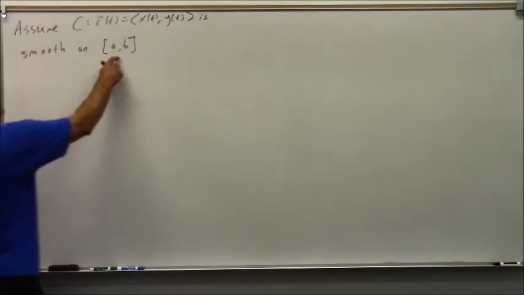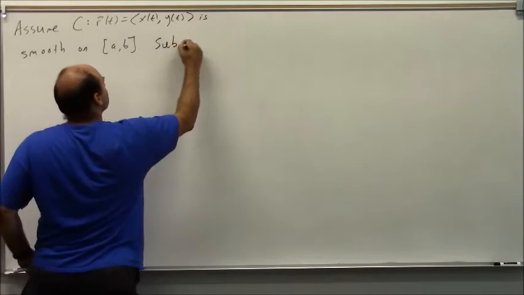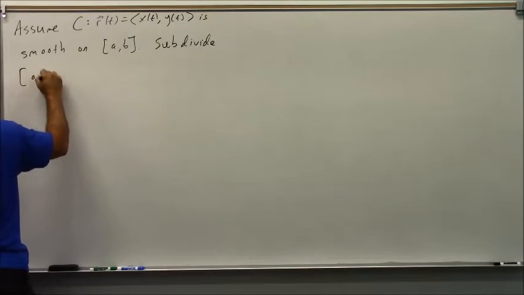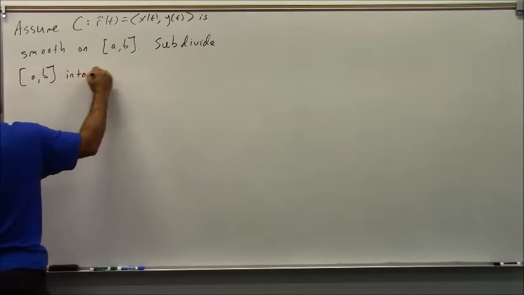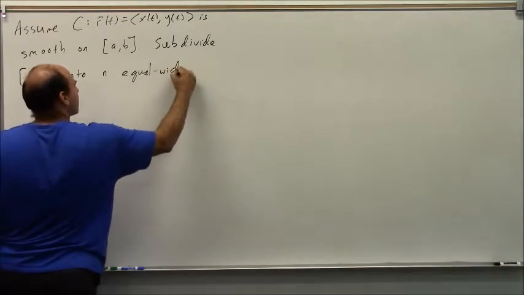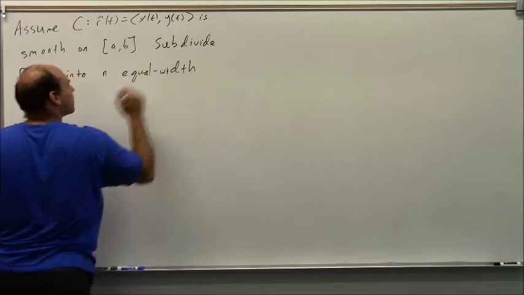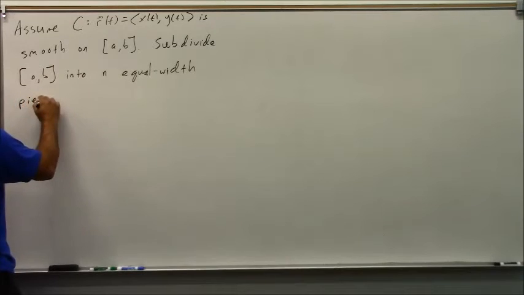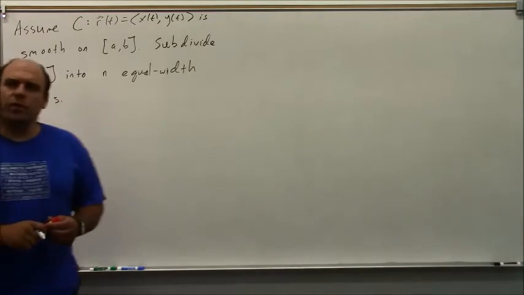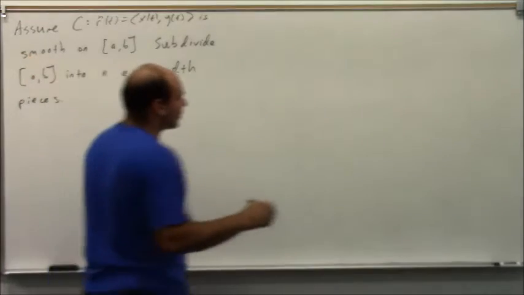Now, if we subdivide a, b into n equal width pieces, then we can do the kinds of things that we've been doing with integrals and set this up for integration as well.